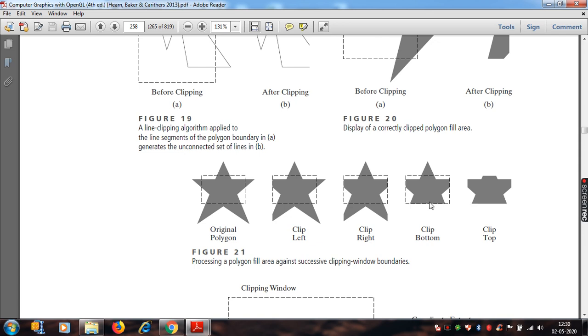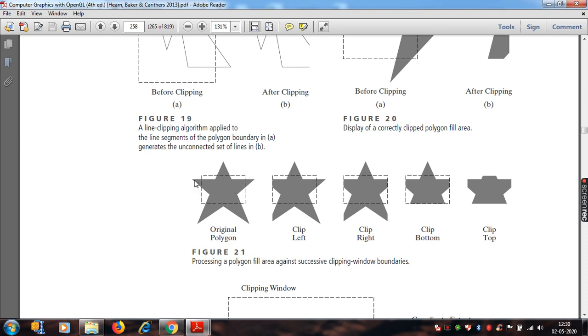What you can observe in this diagram is that at any point of time when a polygon passes through a series of clippers like this, a new set of vertices will be generated. For example, this is the original polygon. When it passes through the left clipper, this particular vertex is now not part of the polygon that will be displayed.